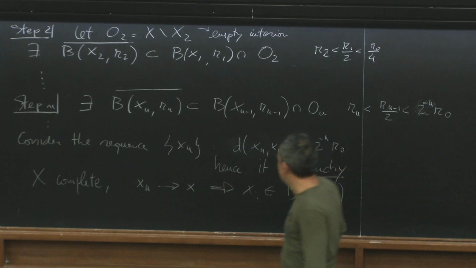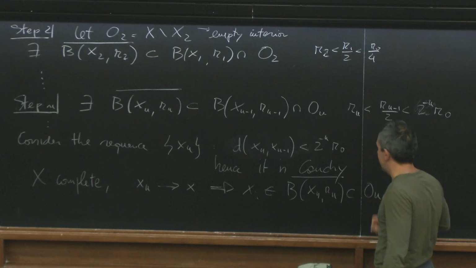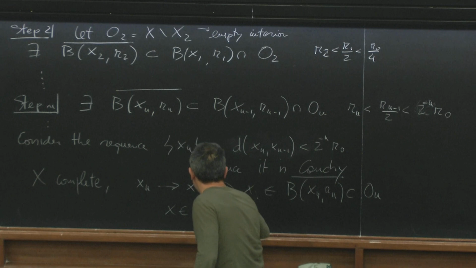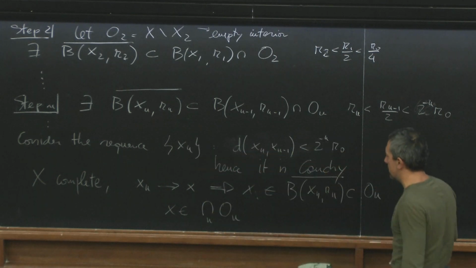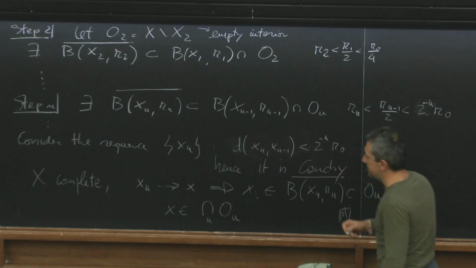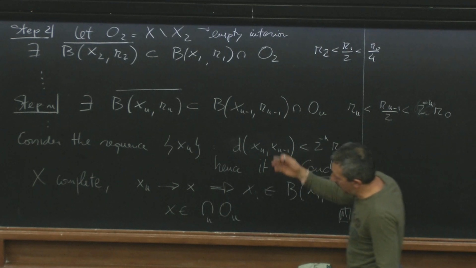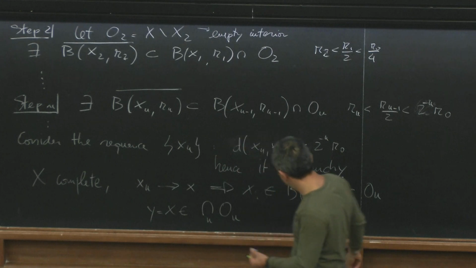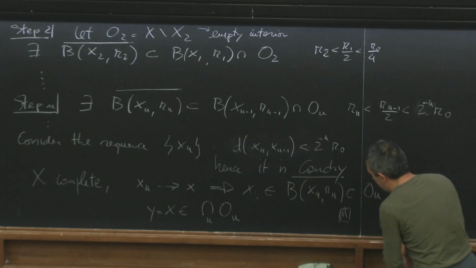So x belongs to each closed ball, which is contained in On. So x belongs to the intersection of On, which is what we wanted to prove. So this x is our y. Very well.